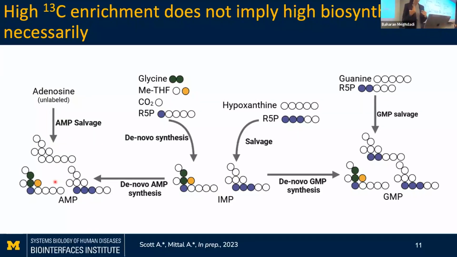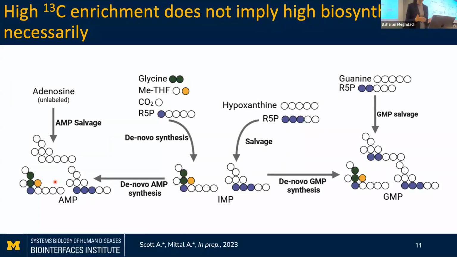So we can say that if a reaction is more active, but the source is unlabeled, the product is also unlabeled, and we don't see any enrichment pattern in it, but the rate of that reaction might be high, and that reaction might be important. But another reaction might be at a low rate, but the reactants have some enrichment, so the product has higher enrichment. And based on this, there can be some bias just by looking at the data.